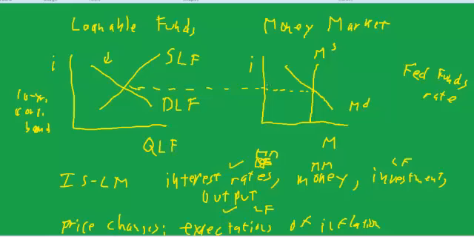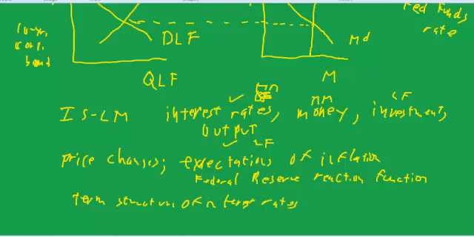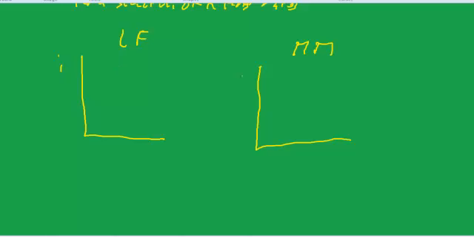because it's the same interest rate and the diagrams are connected. So let me next show what happens when you shift something in these diagrams, because that's really what the game is all about. So we'll put the loanable funds diagram here, and the money market here. I'll label them LF, MM, with interest rate I, QLF, M, and SLF, DLF.